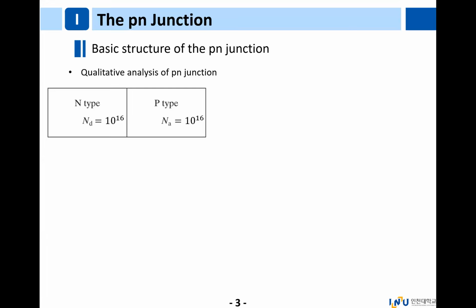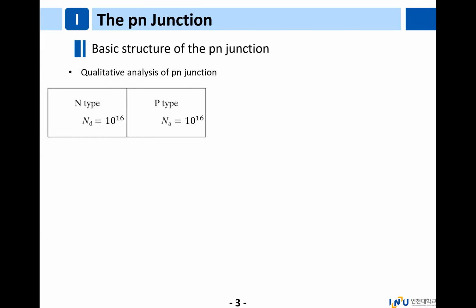Therefore, the energy band diagram represents the positions of the EC and EV levels based on electrons and holes. Once the energy band diagram is drawn, it becomes easier to predict how electrons will behave.